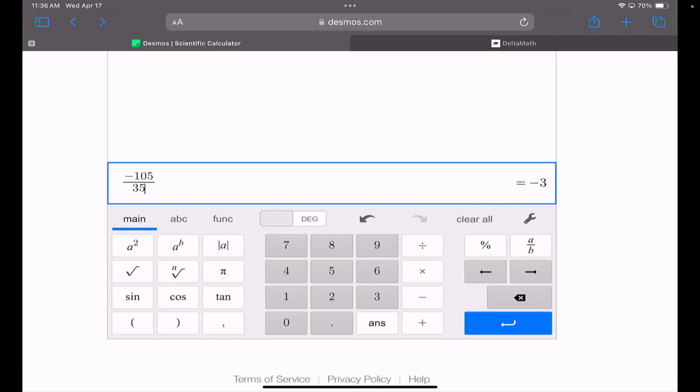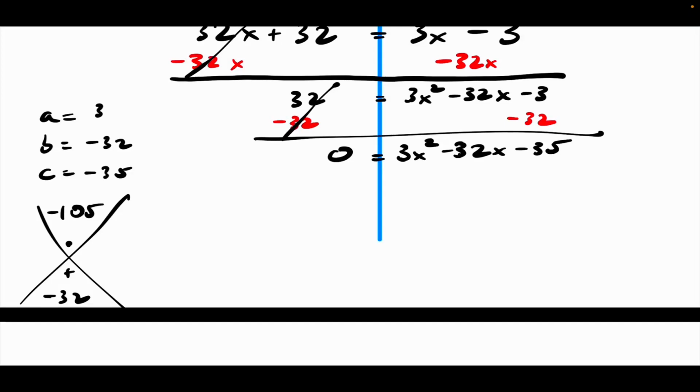Well, what if I make this guy negative? Negative 35 plus 3 makes negative 32. So that's the one I want. Negative 35, positive 3. They multiply to be this guy, the top. They add to be the bottom. Box.